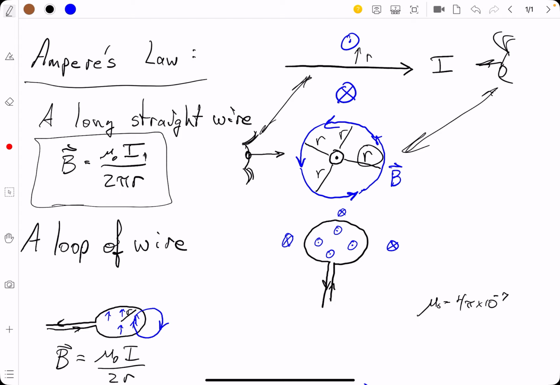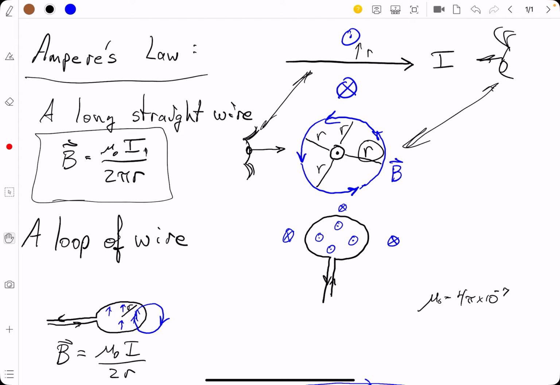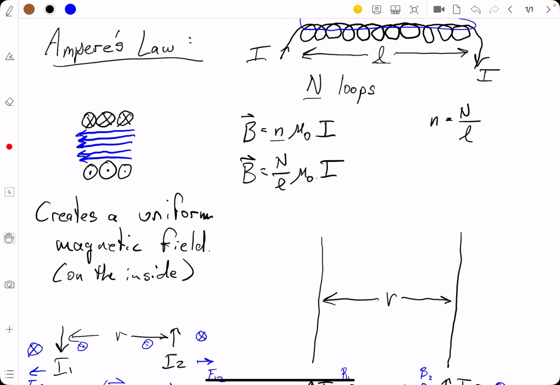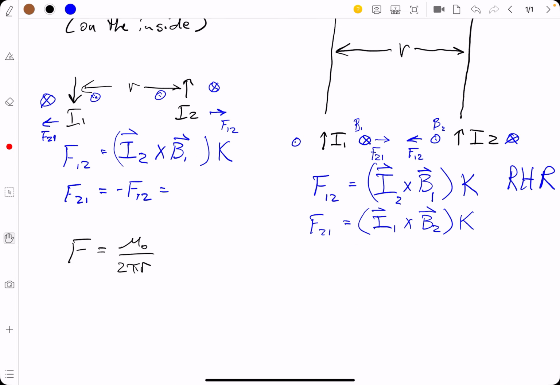And so let's go back down here. So here's our B field, mu naught times, let's do 1 onto 2.